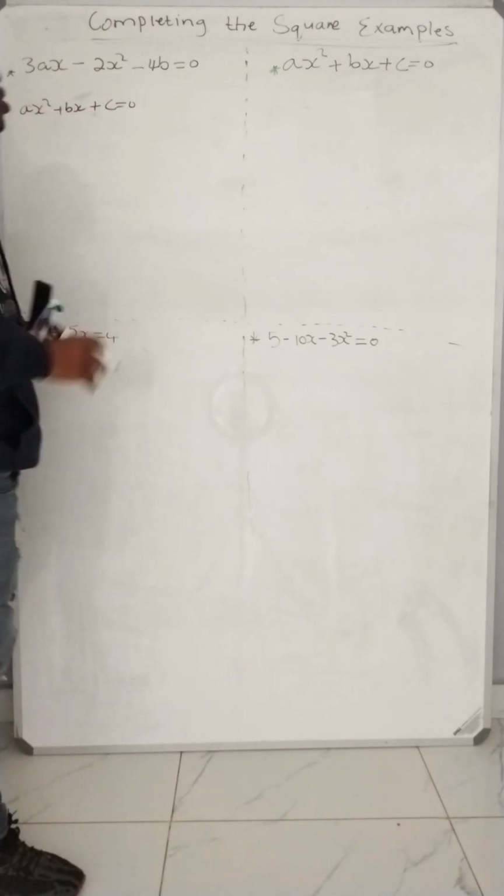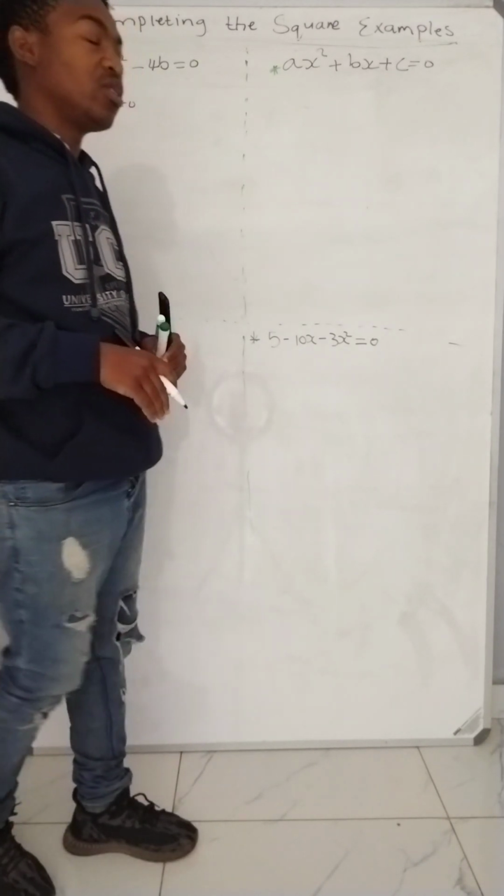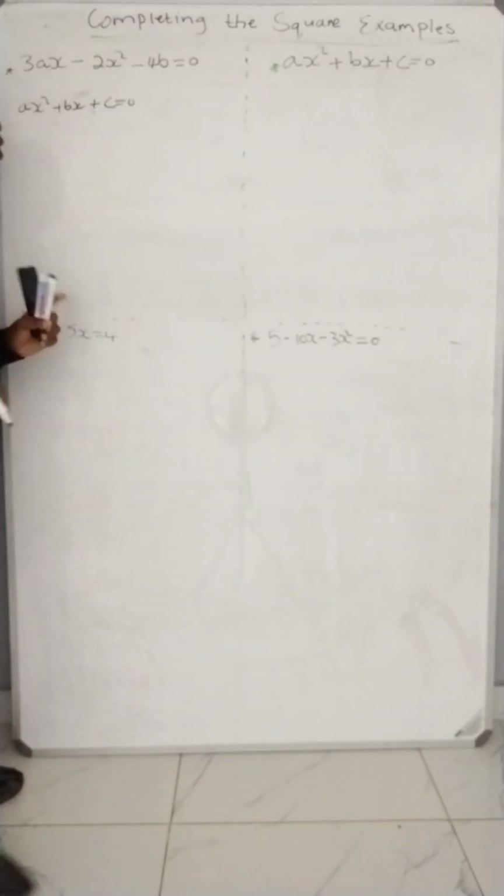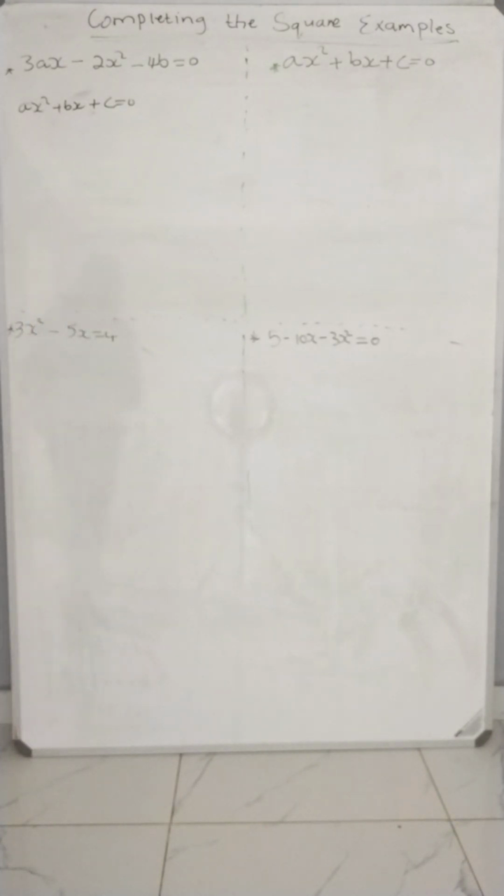When it is in this fashion, we say that it is in standard form. Now you can immediately see that the equation that we have, 3ax minus 2x squared minus 4b is equal to 0, it is not in order. So what we're going to do is we're going to rearrange it and put it in order. Okay, let's go ahead and do that.